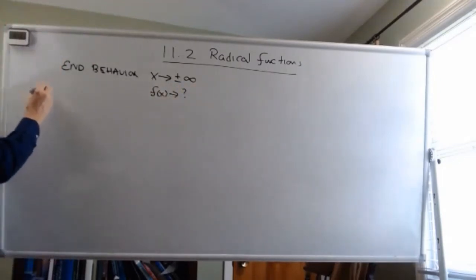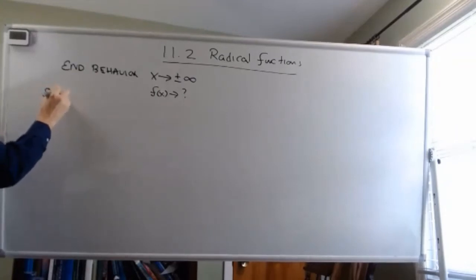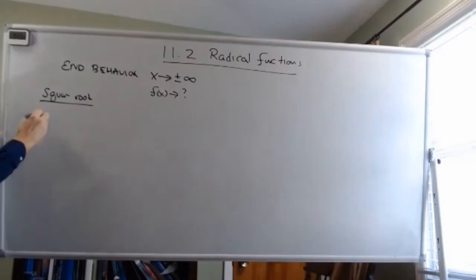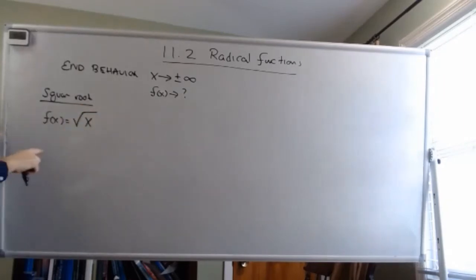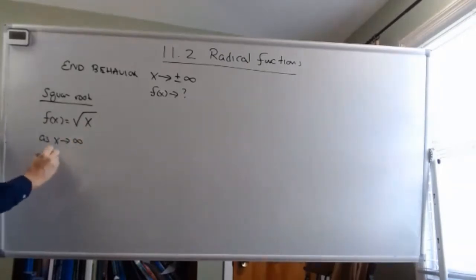Okay, so let's start with the square root. And let's consider our regular square root with just an x in the argument of the function here, the radicand, if you will. Now, as x gets very large, that goes to infinity. What happens to my f of x?